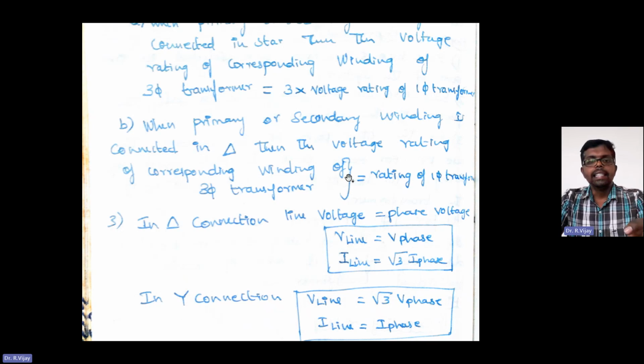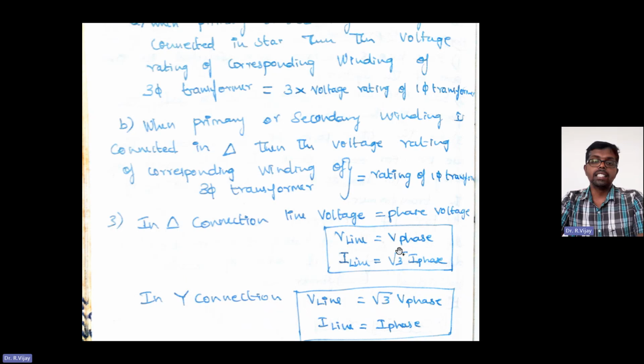Next, in delta connection, line voltage is equal to phase voltage. So V line is equal to V phase and I line is equal to root 3 into I phase. That is for delta connection. This we already know, we just need to remember it for solving our problems.